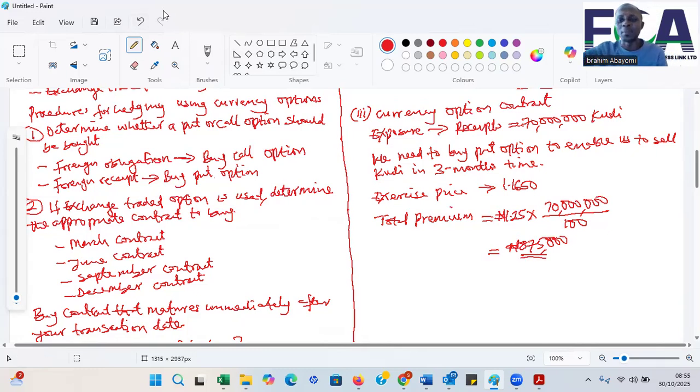Now, that premium is paid up front, and it's not refundable. We collect it from our option pricing model plus codes.